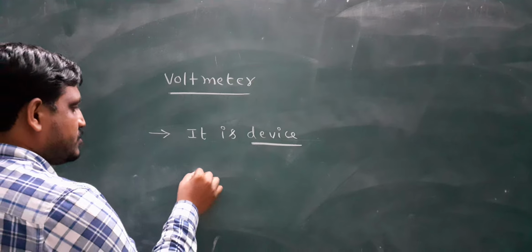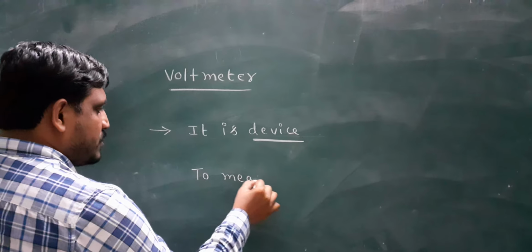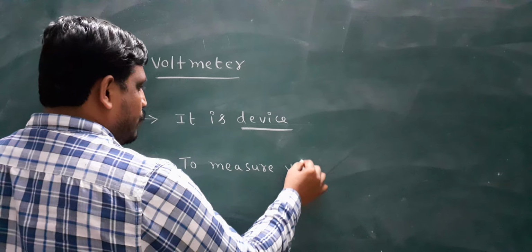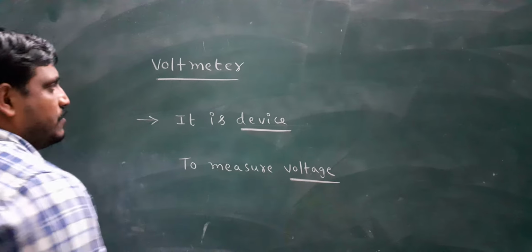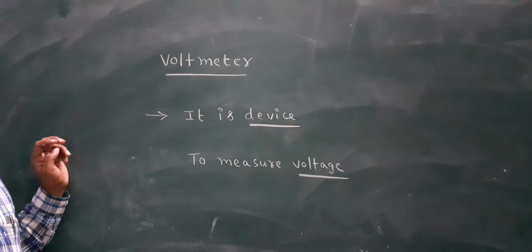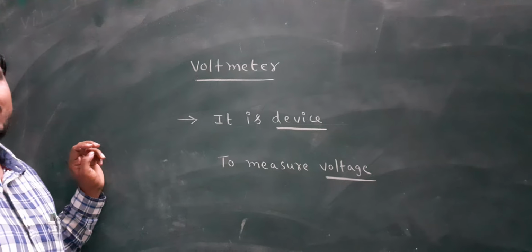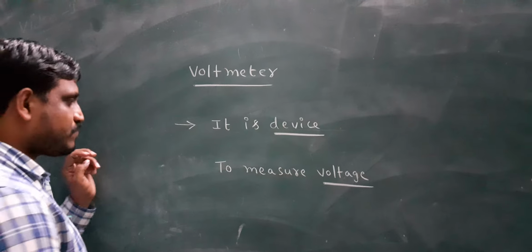This device can be used to measure voltage. Look here again. What is the voltmeter? It is an instrument to measure the voltage or potential difference.